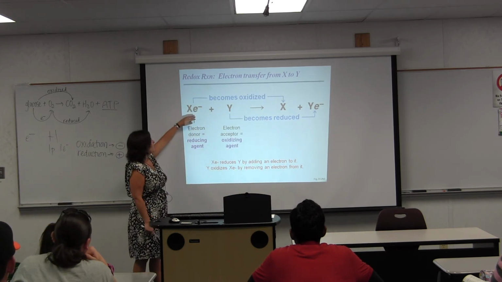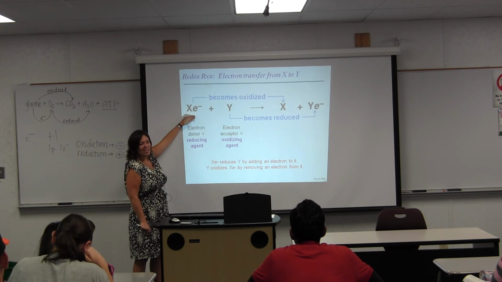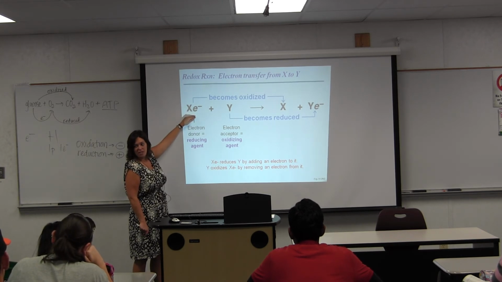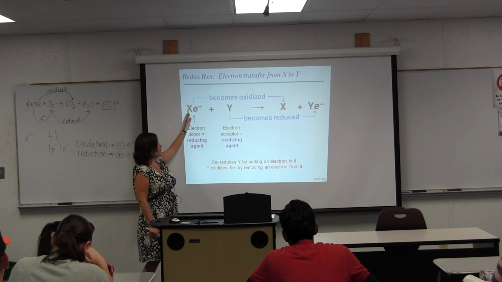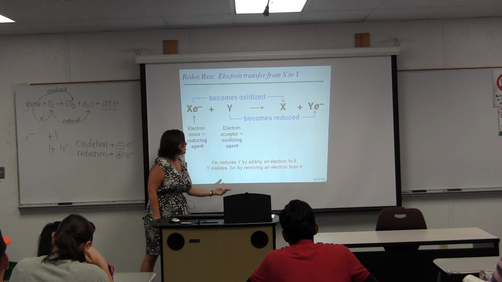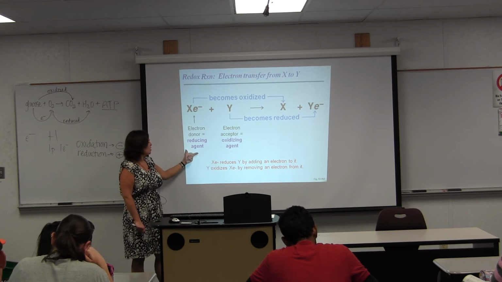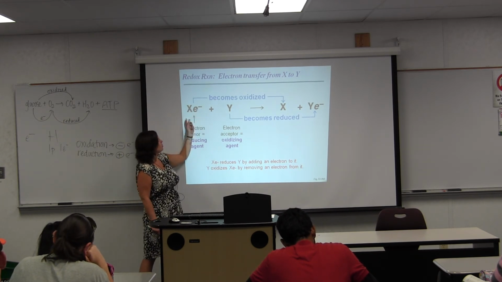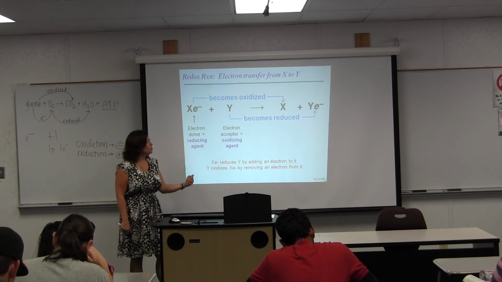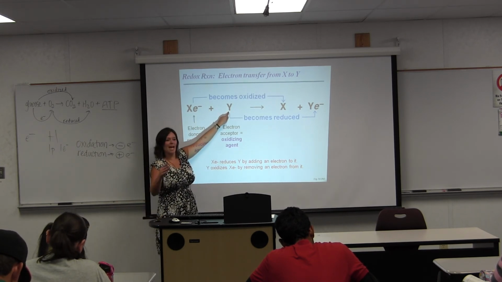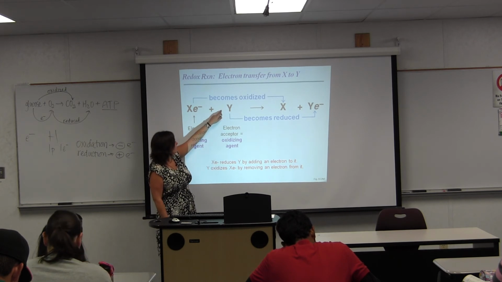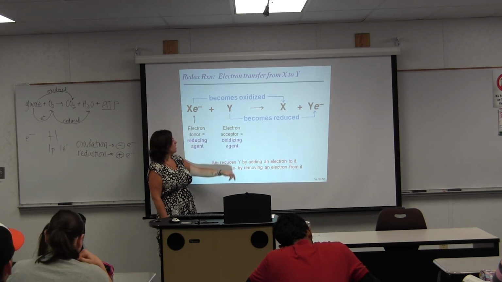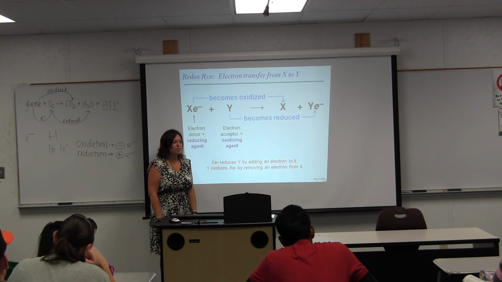Now, this Xe that's providing or donating this electron, this is going to be called the reducing agent. Even though it's an oxidation, we call this a reducing agent. And the reason why is because this molecule is going to reduce Y by donating electrons to it. Just like Y right here, this is going to be called the oxidizing agent.